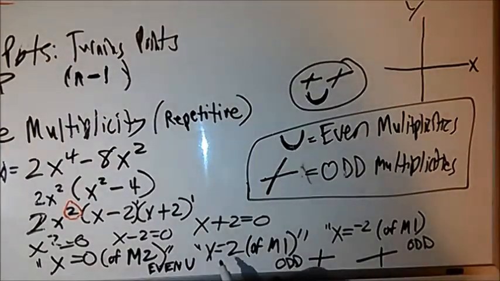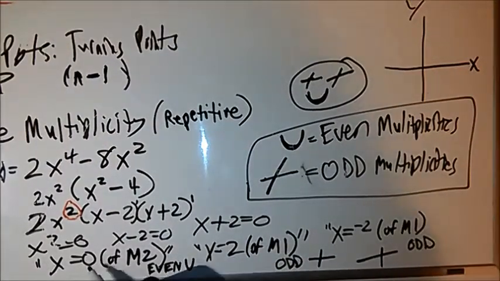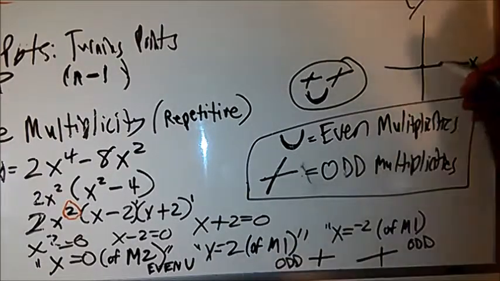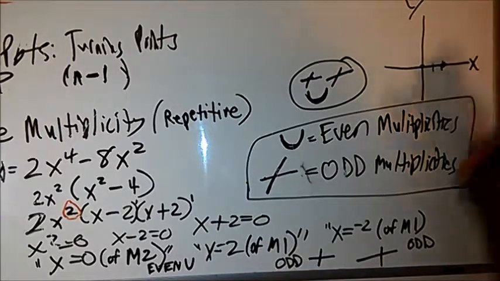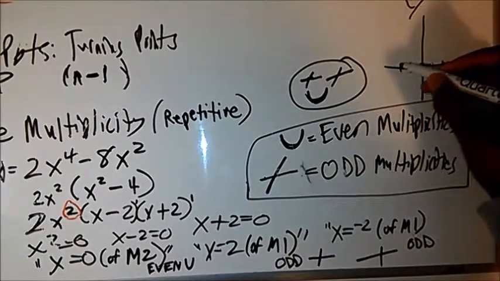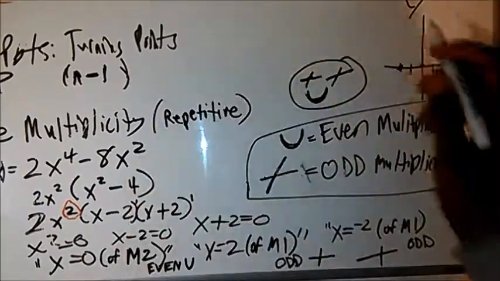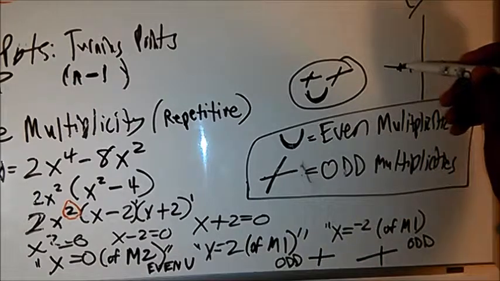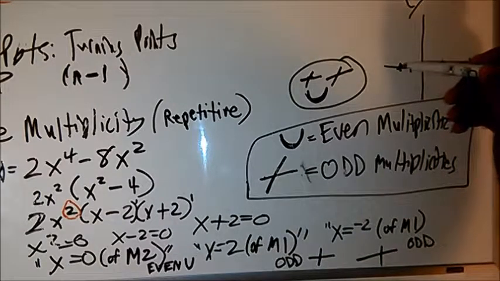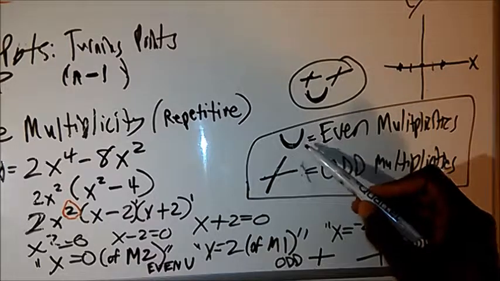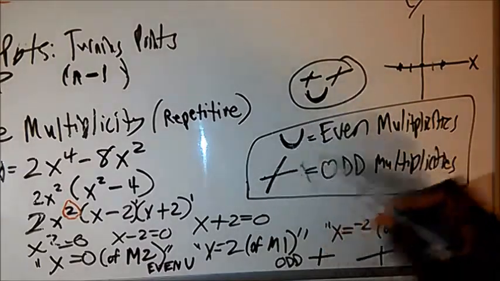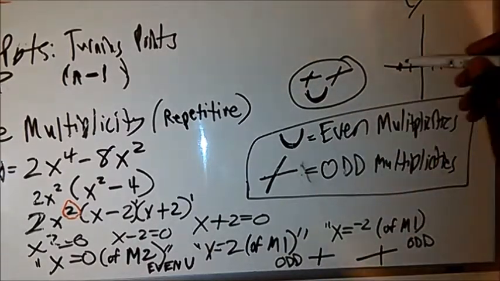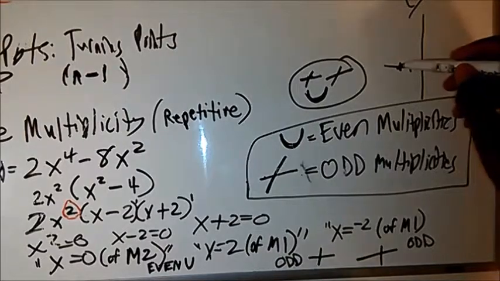We have x equal to 0, x equal to 2, and x equal to negative 2. When we graph this function and hit a zero or an x-intercept, the multiplicities tell us the behavior of the function when they hit these x-intercepts.